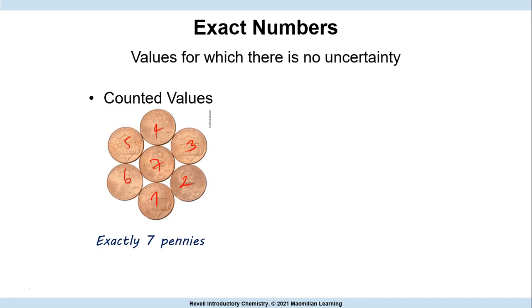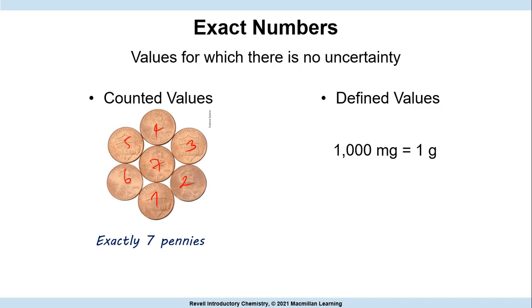So that is the first class of exact numbers. We've said they are counted values. The second class of exact numbers are defined values. And what are defined values? For example, we say a kilogram is 1,000 grams. 1,000 milligrams is equal to 1 gram. We said a kilometer is equal to 0.639 miles or whatever. So those are exact numbers and they are defined.